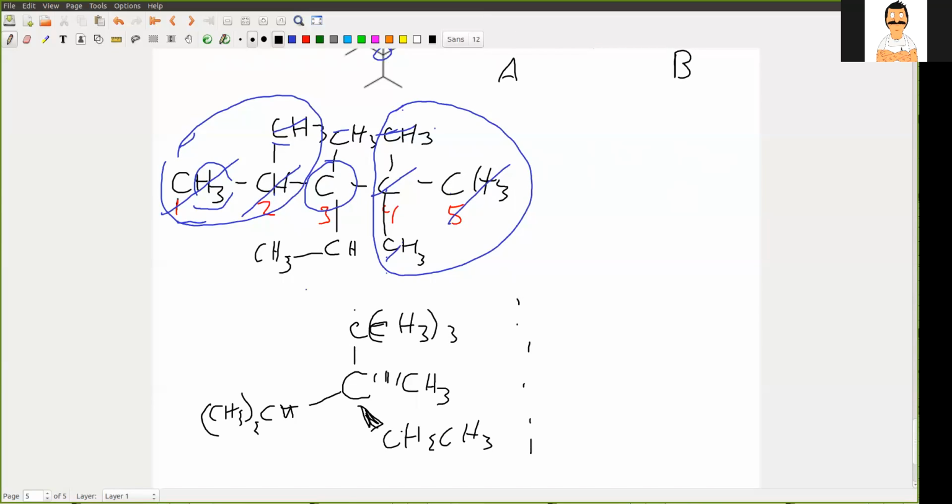But you could also have it so that this carbon has the methyl still in the back, but instead the tert-butyl is sticking out. So you have CH3, 3 of those. Isopropyl is still where it was.